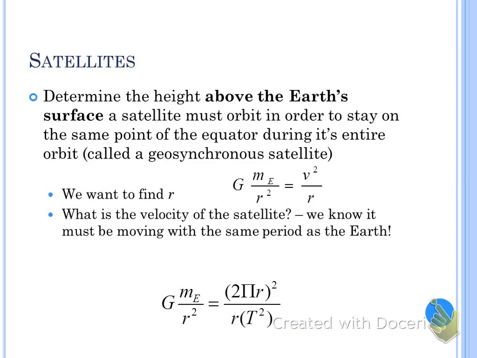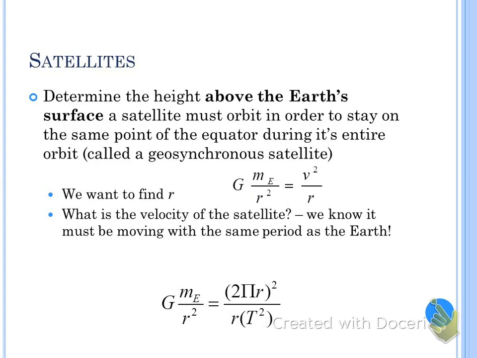Since we don't know the velocity, we do know the period. We know how long it's going to take for it to make one complete revolution around the Earth. Since we decided that it's traveling with the same proportional speed as the Earth, it's located at the same spot on the equator the entire time, so it's going to rotate essentially in one day.